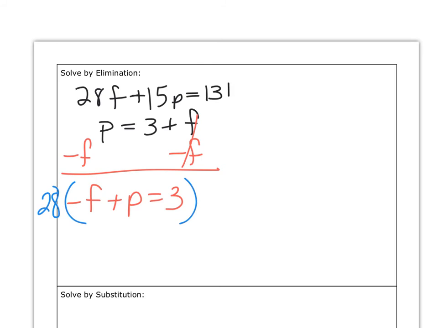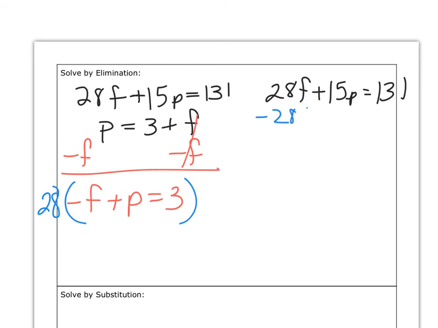So I want to rewrite right over here. So I've got 28F plus 15P equals 131. And what's going to be 28 times negative F?